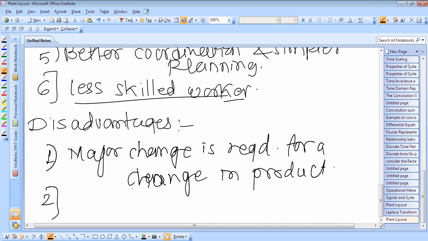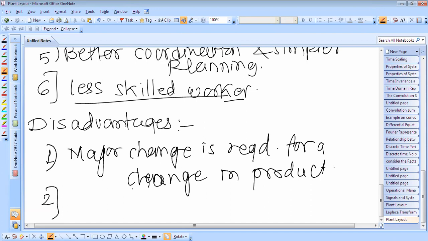Suppose, for example, we have just seen the X line, Y line and Z line. When the materials are being processed at the first stage machines, the second and third stage machines will remain idle. So that is the disadvantage of this process.